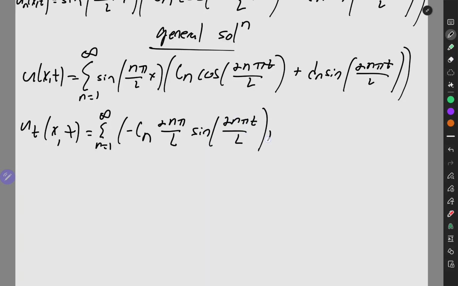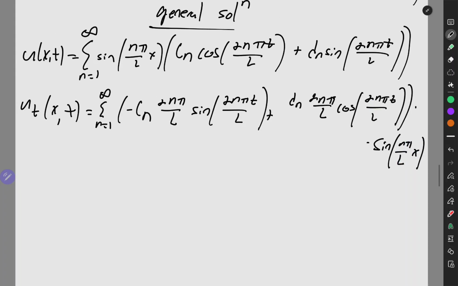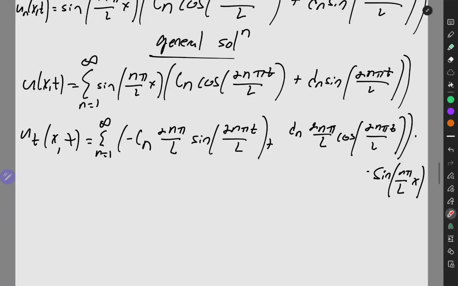Pi t over L. D sub n alpha n pi over L. I'm going to run out of space. Times sine, right, I move this over. Move this over to here. Now we use the initial conditions and the Fourier series for step 5.